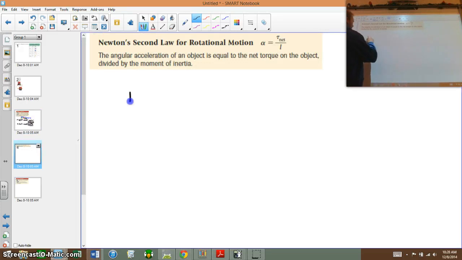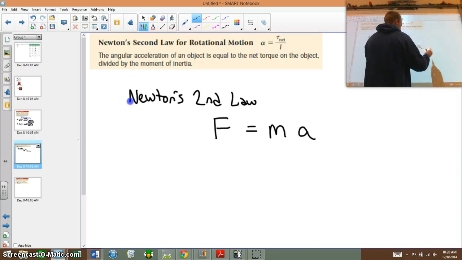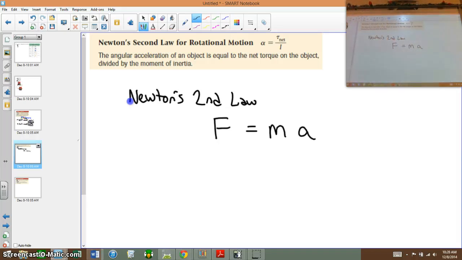Another example that we've got is Newton's second law, that we all know is F equals ma. Now for rotation, it's basically the same thing.